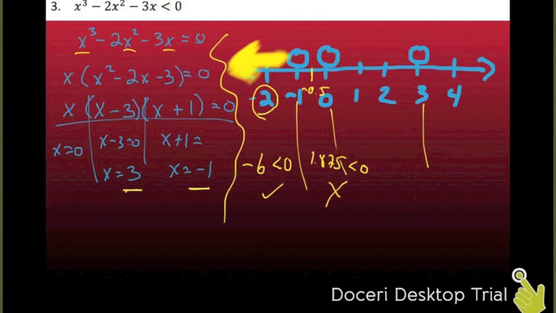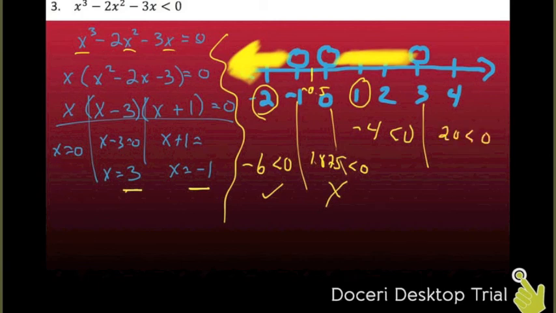If you plug in a 1, you get -4 is less than 0, which is true. And if you plug in a +4, you end up with 20 is less than 0, which is not true, so we're not shading there.